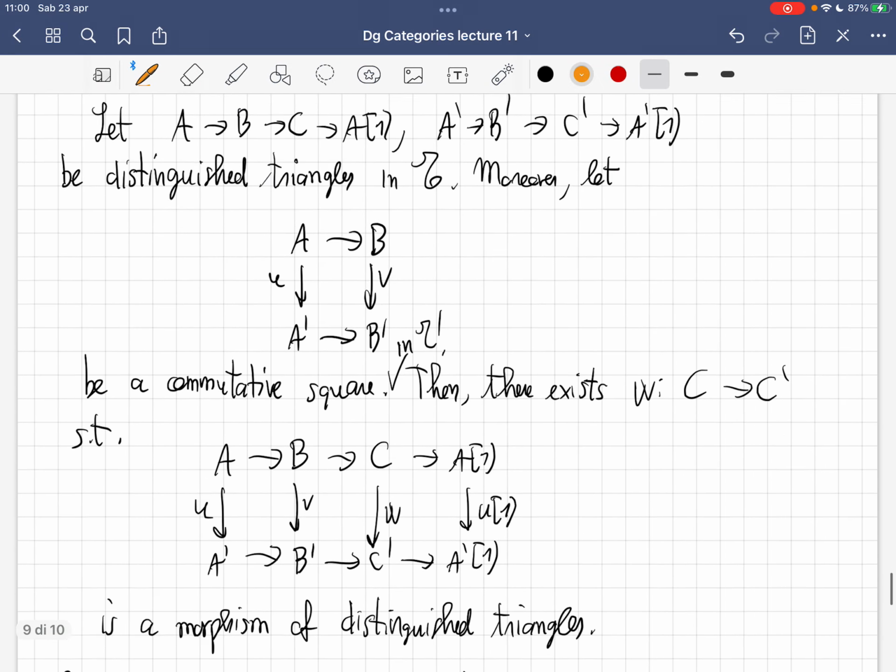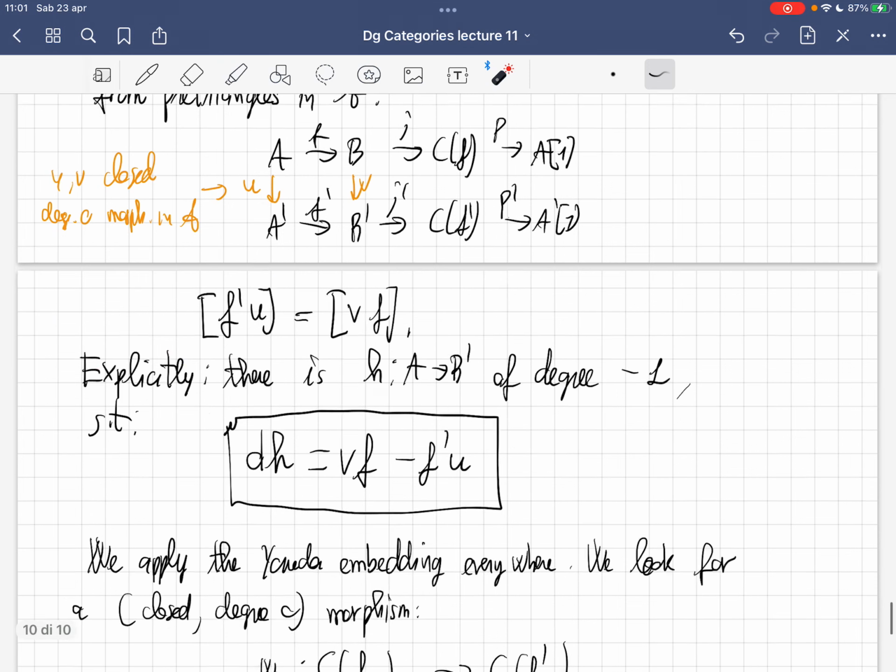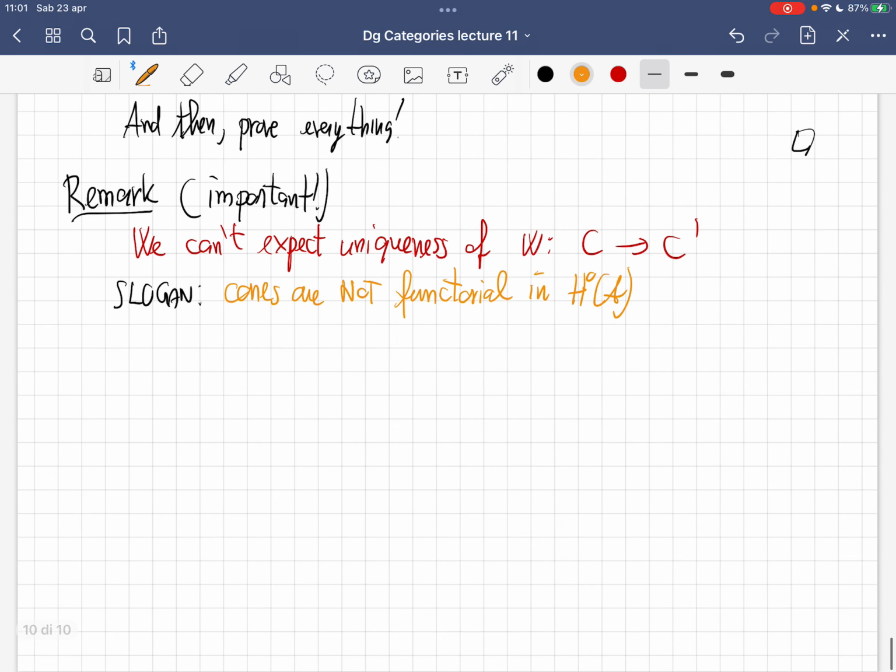Normally I would try to define something which takes some map F into its cone. Now I'm working in H0, and I would like to say I'm taking some commutative diagram in H0 to some unique morphism between the cones, and I don't have uniqueness at this level, and this is a very big problem of the homotopy category. Still, good news.